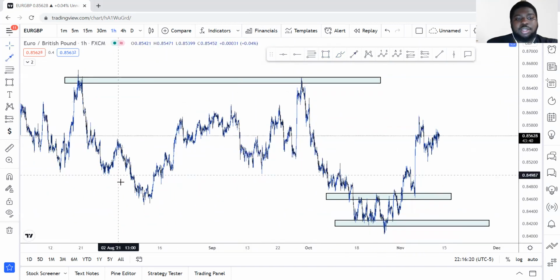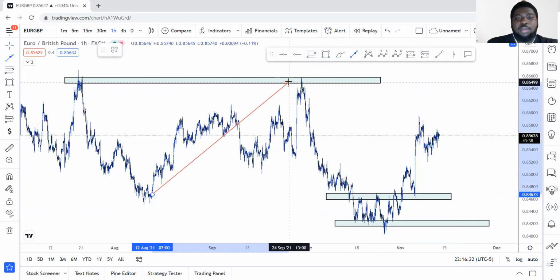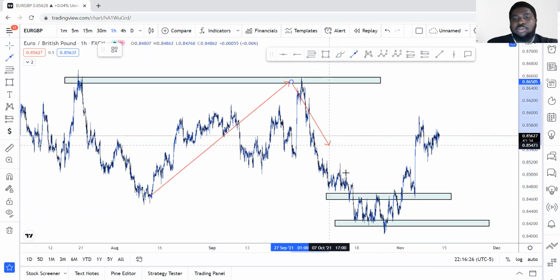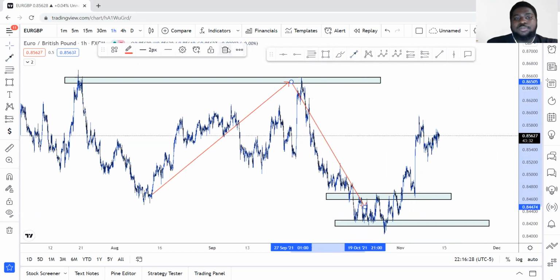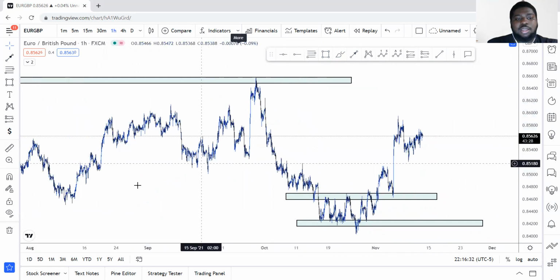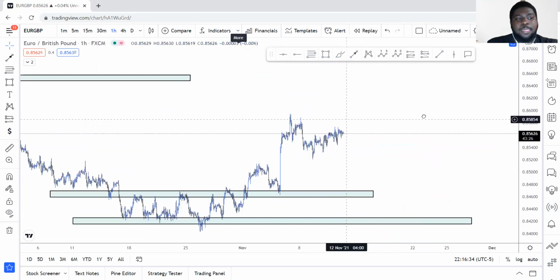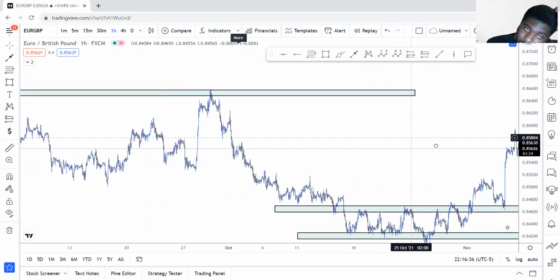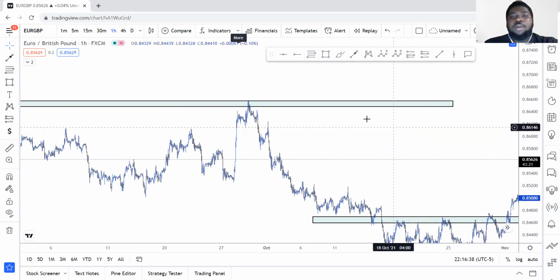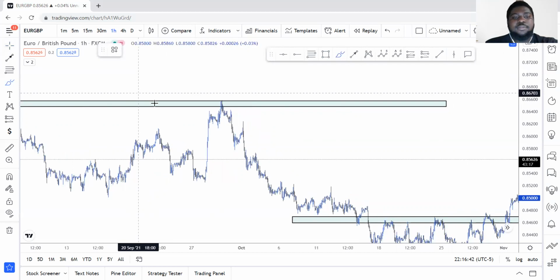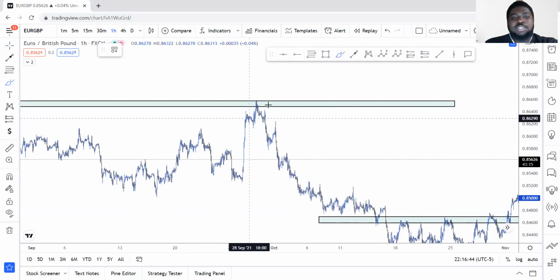What we can see is that price went all the way up to that supply and demand, and then once it hit it, we have price coming right back down. As you can see, price coming down is not a straight line, and price going up is not a straight line. But one of the things I want you to notice, and I'm going to be speaking on another training, the break and retest training, is how to enter when price hits these areas.